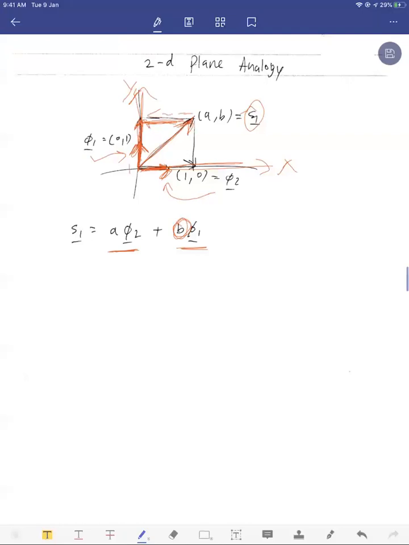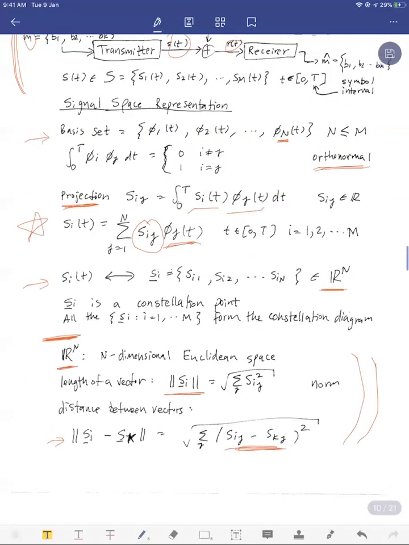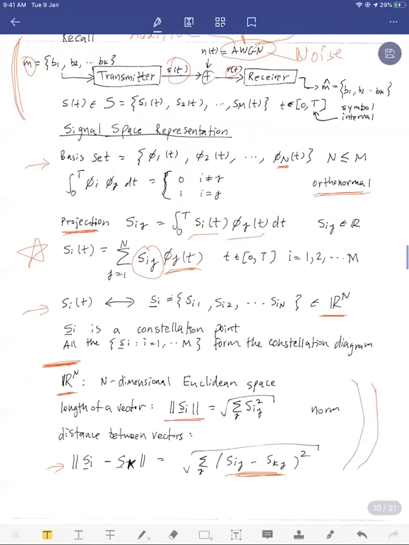If you ever get confused about signal space, you can refer to the usual 2D and 3D analogies. All we are doing in signal space representation is extending that idea to function space.